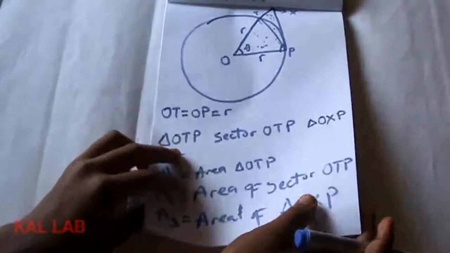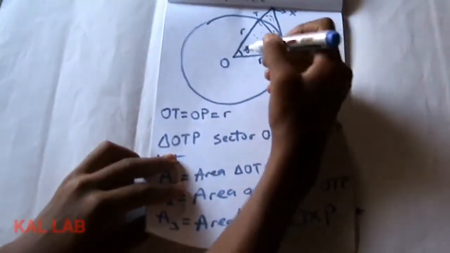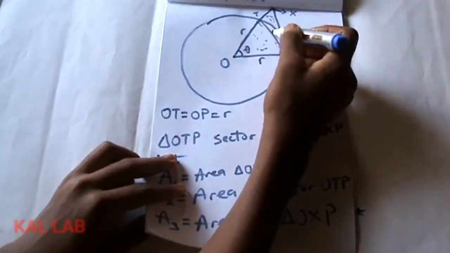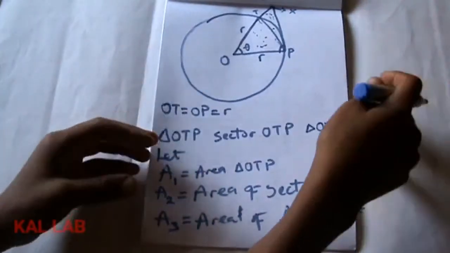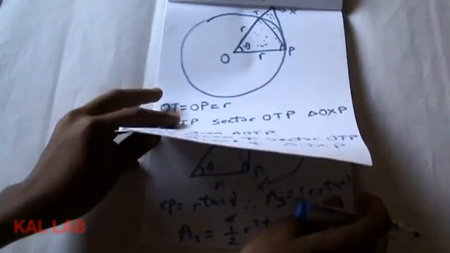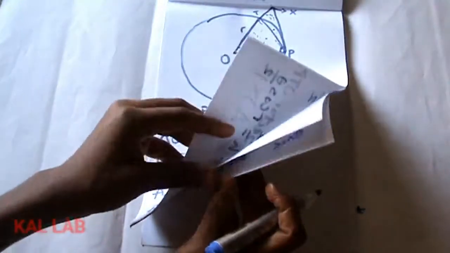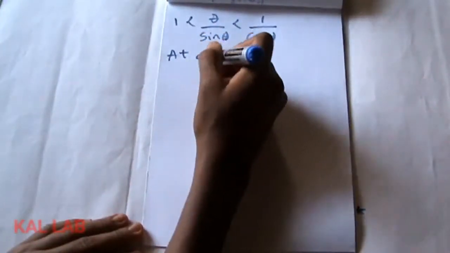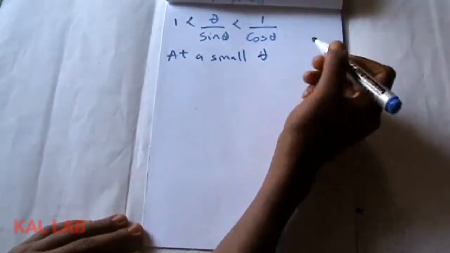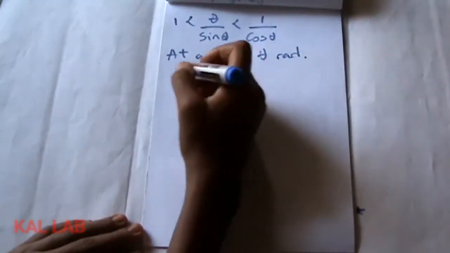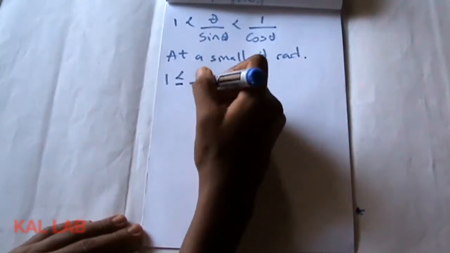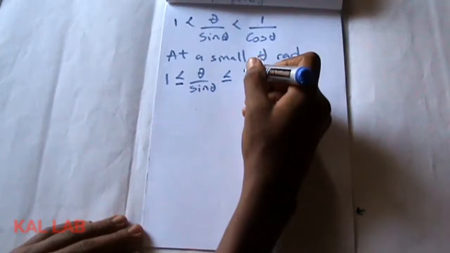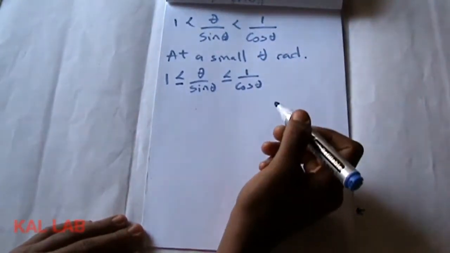From this equation and this diagram, we can tell that if theta gets smaller and smaller, these areas get smaller and even closer to each other. And at a very small theta, the areas might be approximately equal to each other. So we can now show that at a small theta in radians, 1 is less than or equal to theta over sine theta less than or equal to 1 over cos theta.